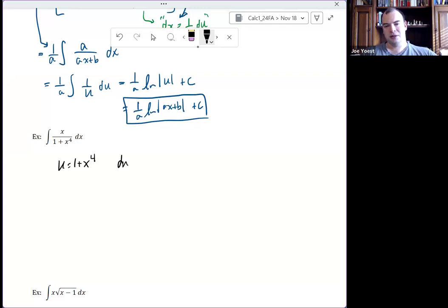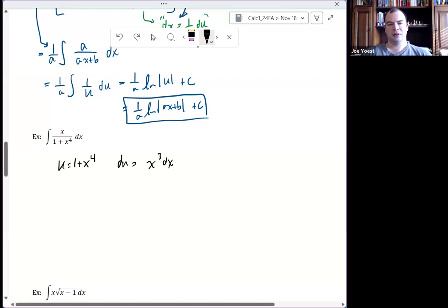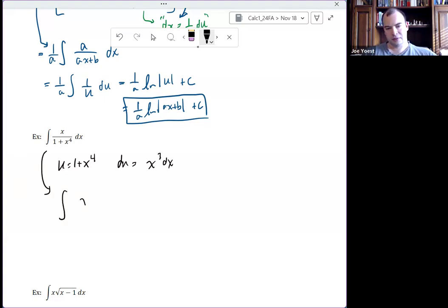Does du work? du is going to be x cubed dx. And I have an x to the first power dx. Can I do anything to make an x to the first power look like an x cubed? Not really, right? I would not want to multiply top and bottom by x squared, and then pull the 1 over x squared out of the integral.